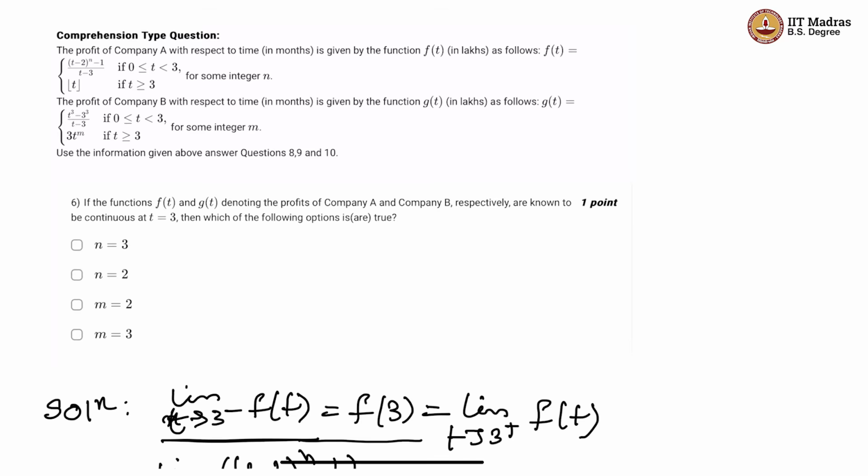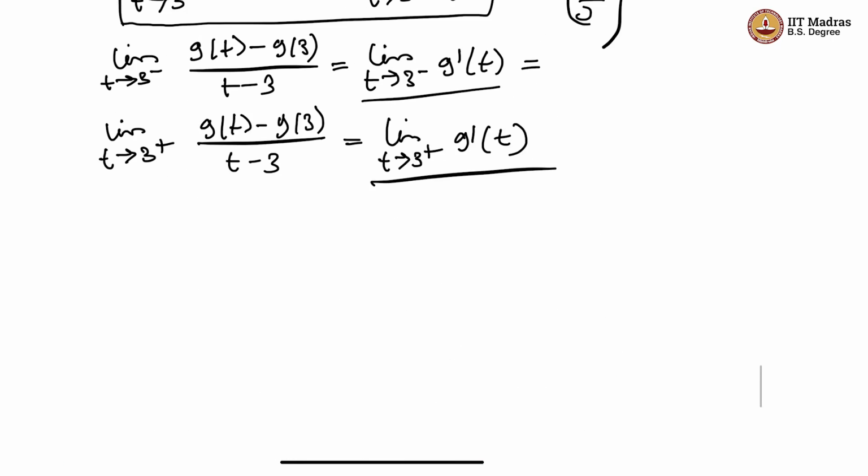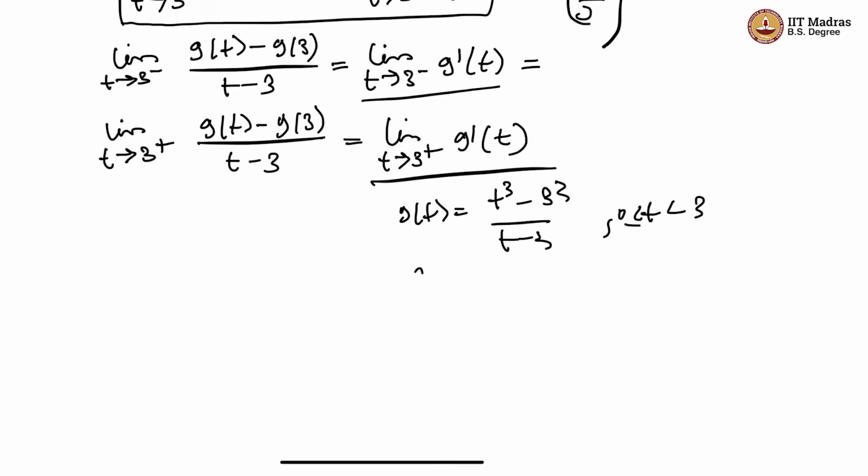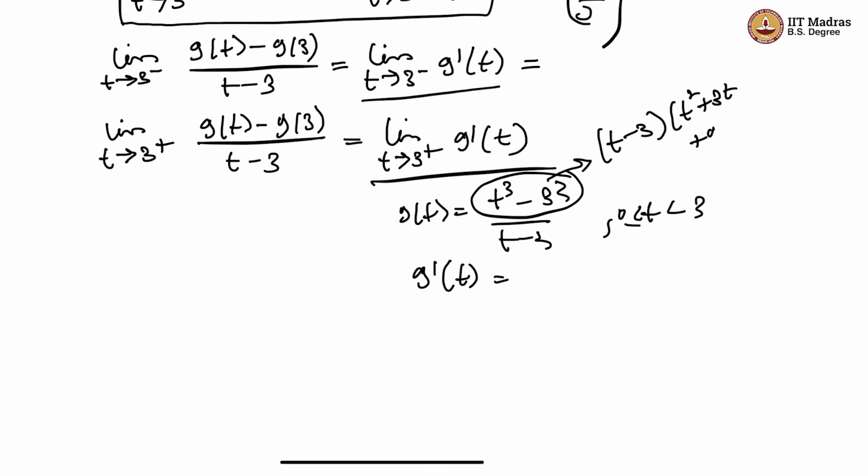g of t equals t cube minus 3 cube by t minus 3 when t is less than 3, and greater than or equal to 0, right? Now we just have to calculate g dash t, where g is this. So we can break t cube minus 3 cube as (t minus 3) into (t squared plus 3t plus 9), right?